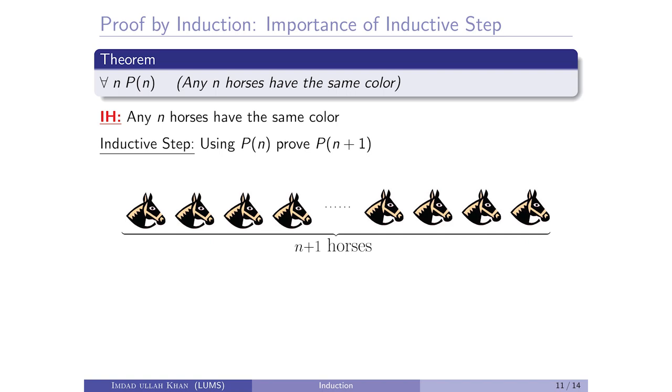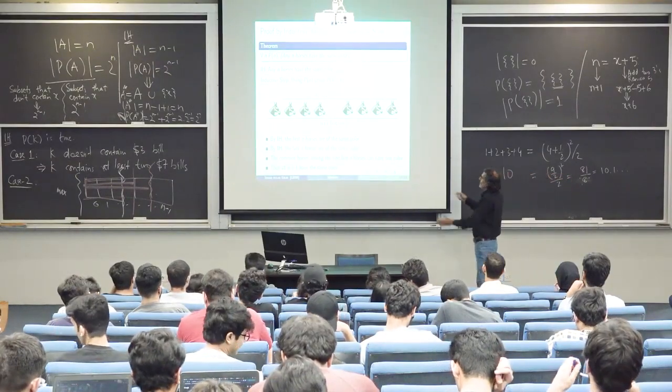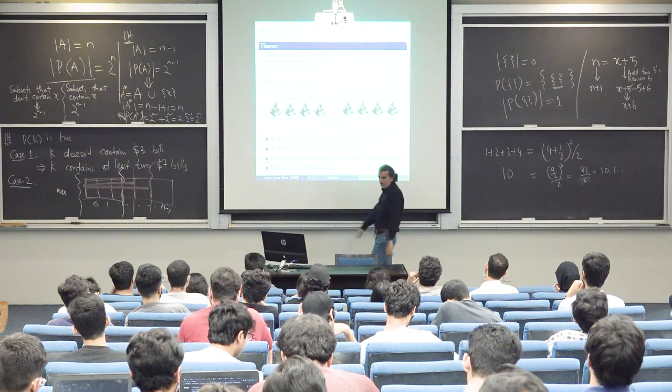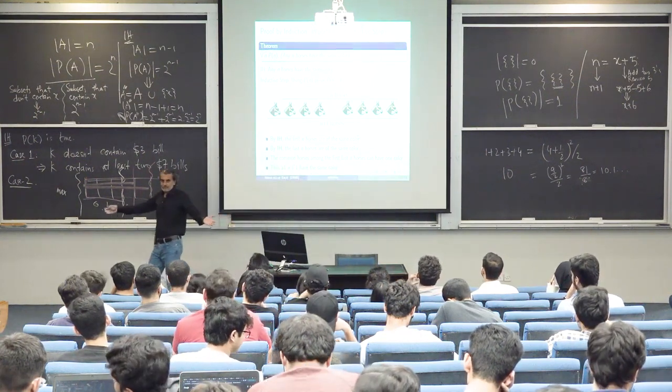Okay. So these are n plus 1 horses. So the claim is that the first n horses are of the same color. Why? Because that's our inductive hypothesis. Our inductive hypothesis was that n horses have the same color. So the first n horses have the same color, and then we applied the same inductive hypothesis on the last n horses, and then there is an overlap in between, right?